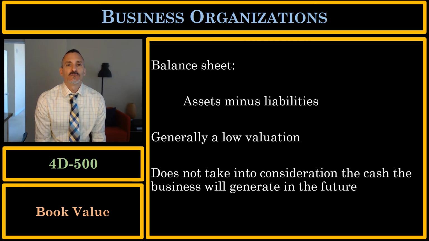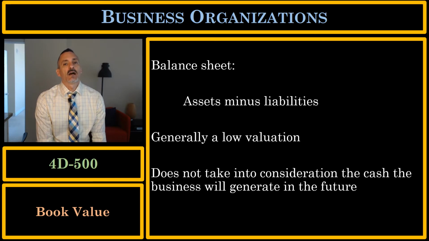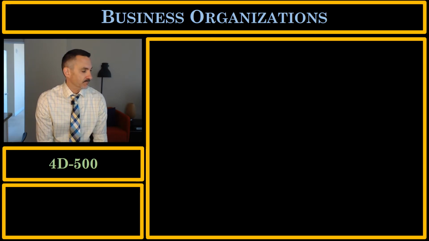Would you pay only $400,000 for a company that's going to give you a cash flow of $400,000 a year for the next 10 years? No, of course you would pay more. That's why book value, assets minus liabilities, is generally a low valuation because it doesn't take into consideration the future cash flows that the company will have.